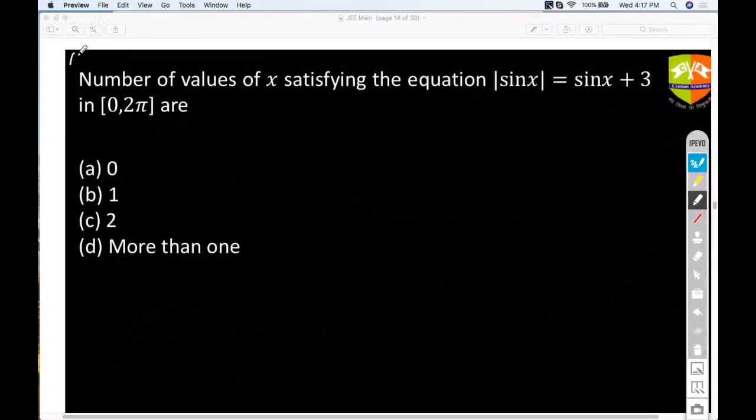Question number 14. The number of values of x satisfying the equation mod of sin x is equal to sin x plus 3 in the interval 0 to 2 pi.